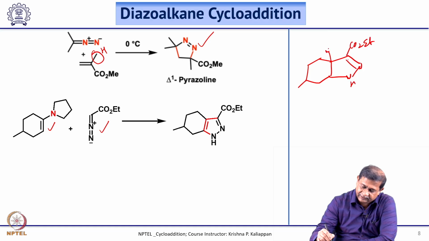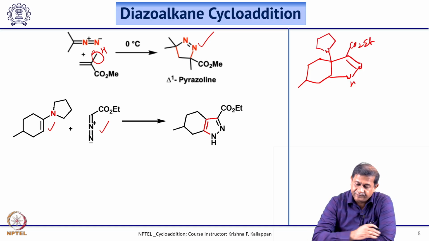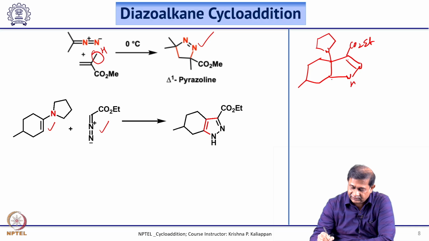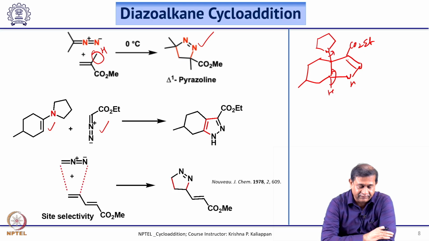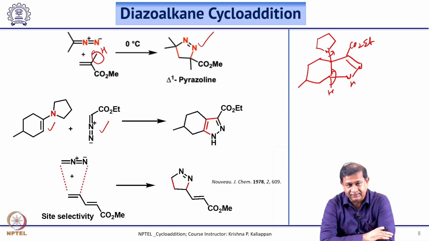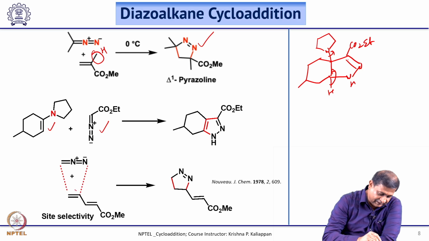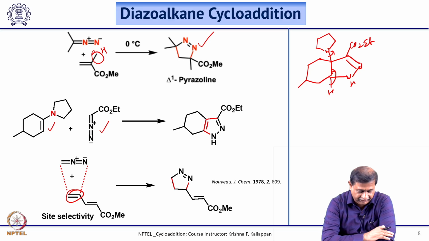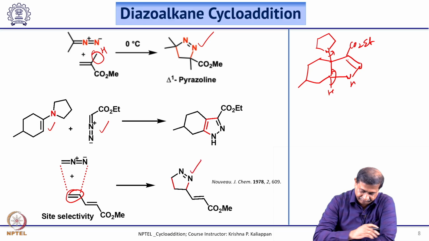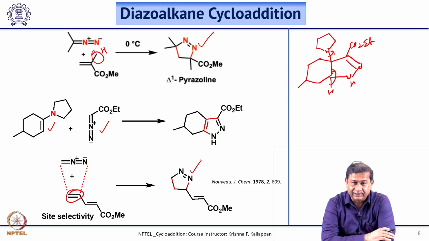And here, after the reaction is over, elimination of pyrrolidine takes place to get the corresponding pyrazole. And if you have diazomethane and a dienoate ester, the terminal double bond actually undergoes 1,3 dipolar cycloaddition with diazomethane to get this delta 1 pyrazoline derivative.